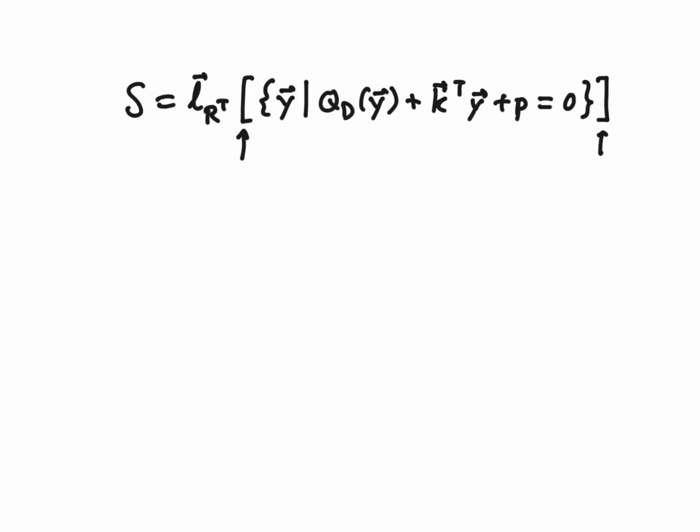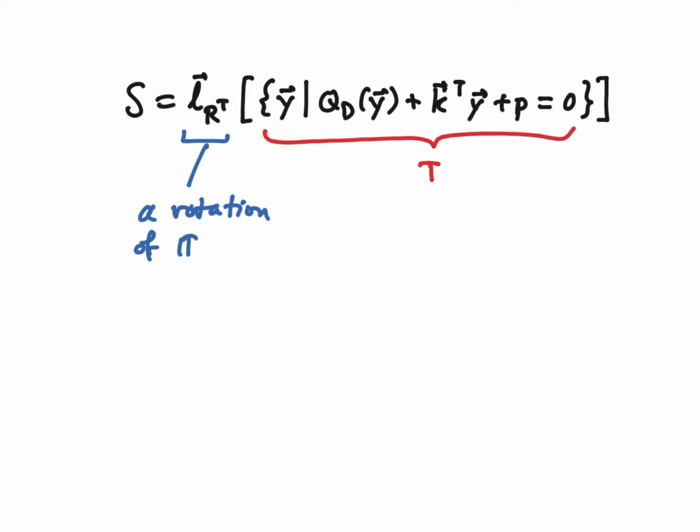Sorry, the image of a certain set under a map. Basically I have this set here inside, which let me call capital T. And then I'm plugging that set into the map, this map here, which is a rotation of D space. You see, it's a rotation because it's the linear map based on a matrix R transpose, where that matrix is an orthogonal matrix, and in fact a special orthogonal matrix.